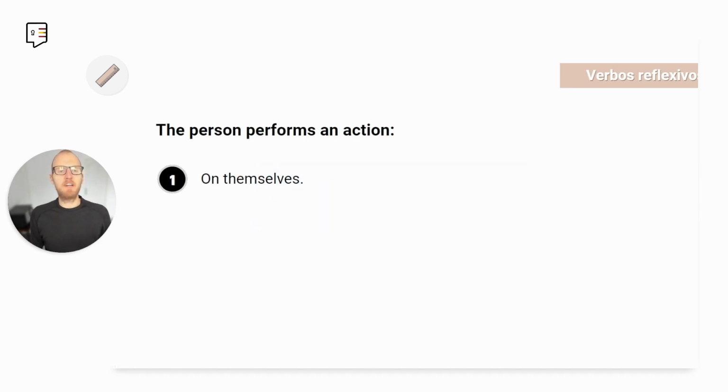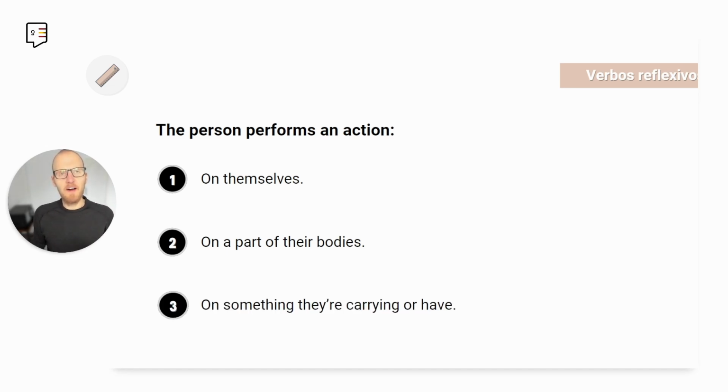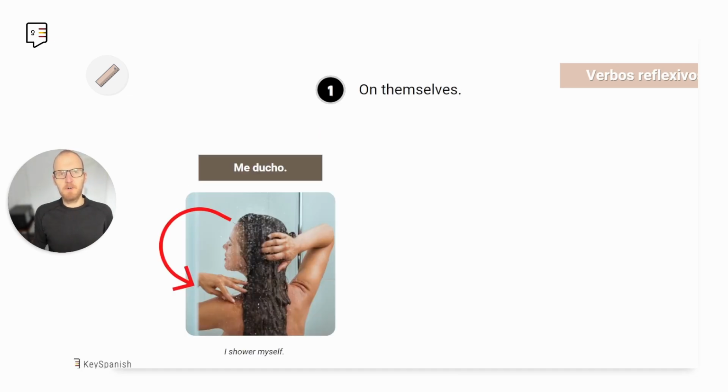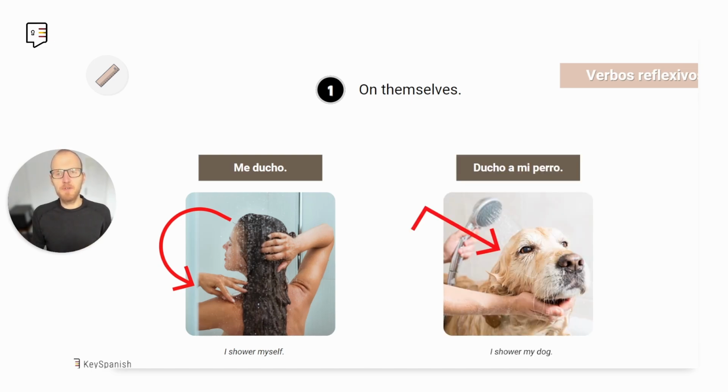Either the person performs an action on themselves, on a part of their bodies, or on something they are carrying or have. Let's take a look at the first example. Performing an action on themselves, I would say me ducho. That is, I shower myself, as opposed to ducho a mi perro, I shower my dog.